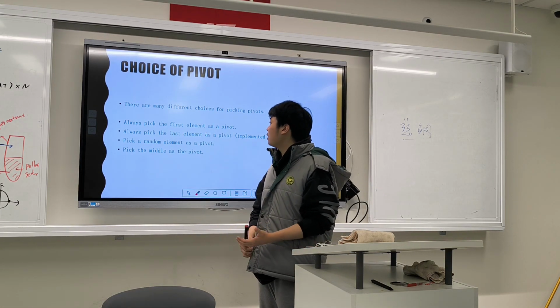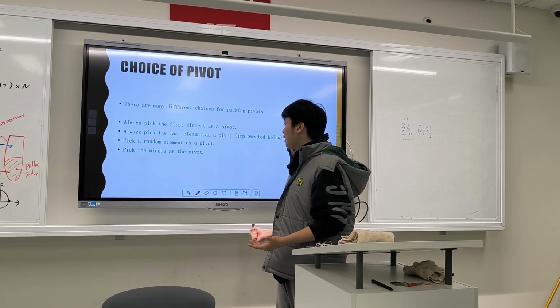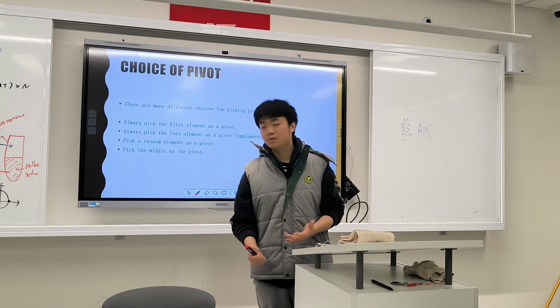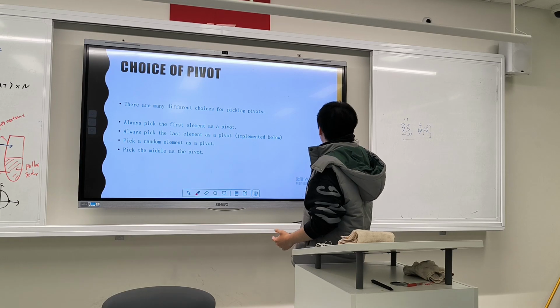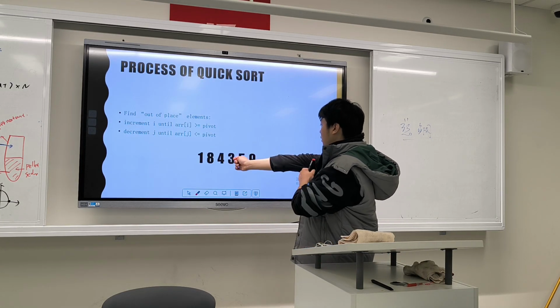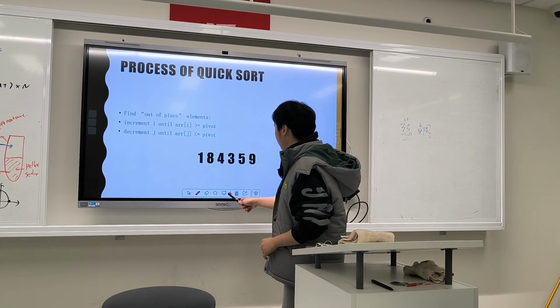Normally you will choose the first element, the last element, or the middle element as a pivot, or you can just choose a random element. We use this example to illustrate the process of quicksort.